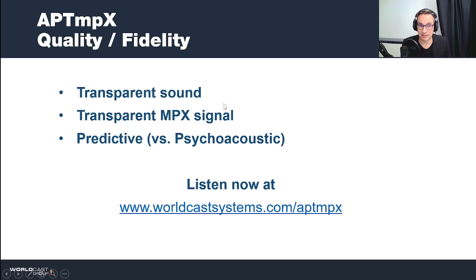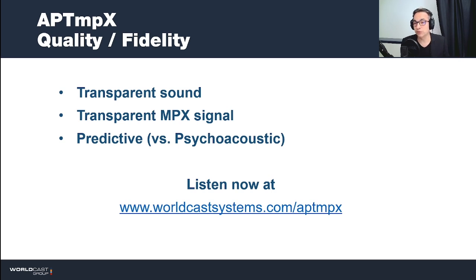Let's talk about quality. APT-MPX provides transparent sound, so nobody can hear the difference between linear and APT-MPX compressed audio. It is very transparent in terms of audio for the listeners, but also if you look at the signal itself. And it is very important because you want to keep all the characteristics of your MPX signal, deviation, subcarriers, and so on.